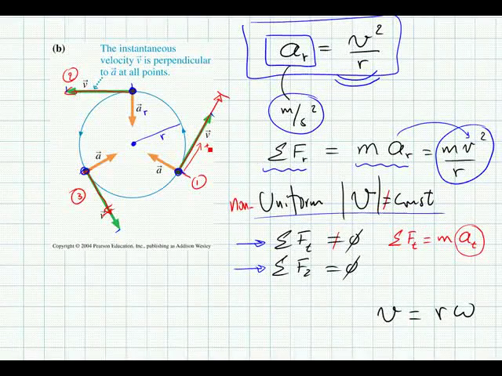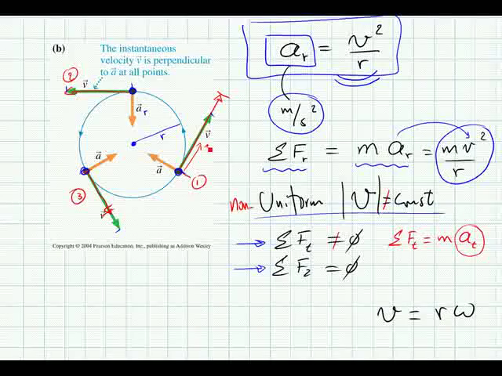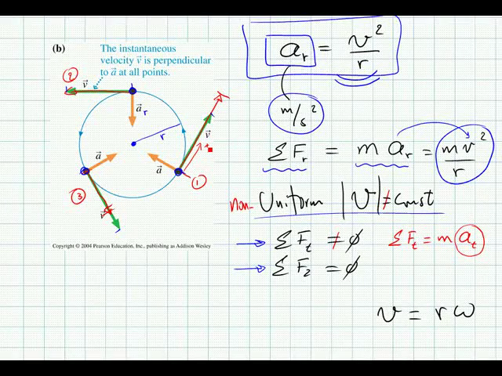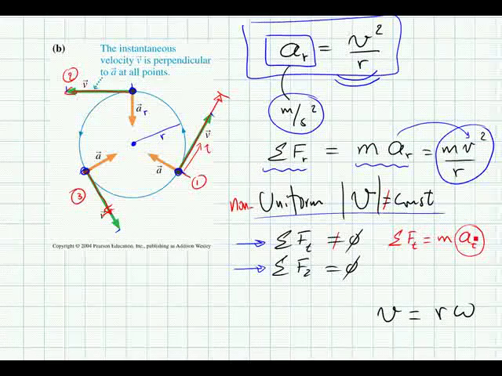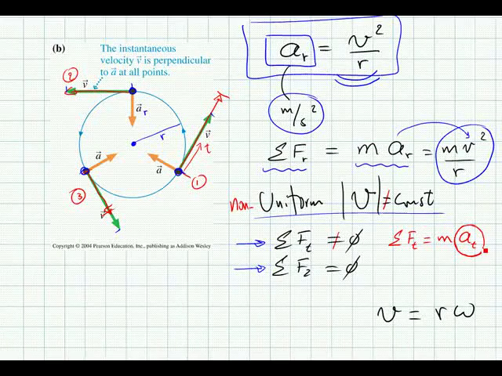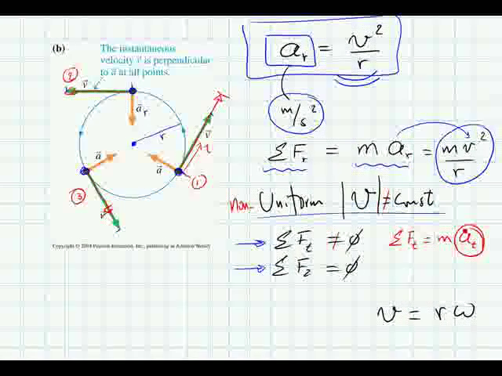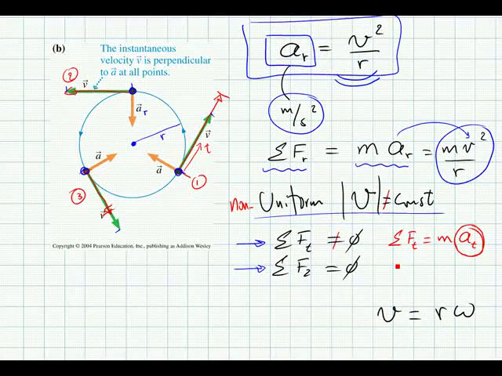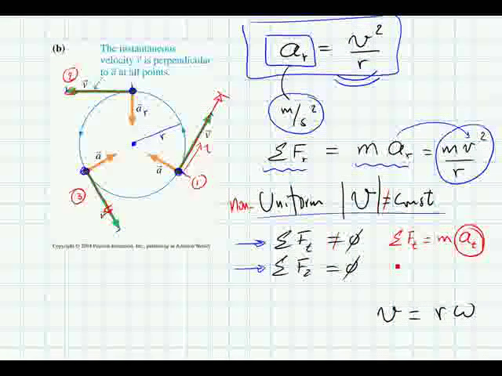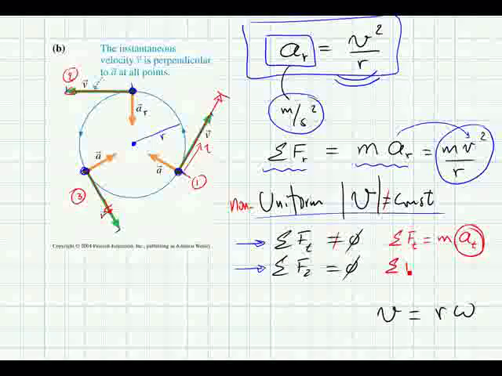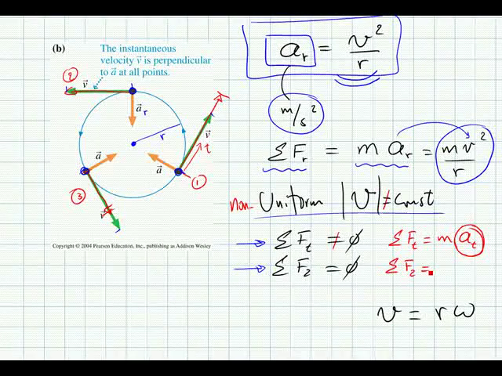So for this velocity magnitude to change, for the speed of the object to change, we require an acceleration in the tangential direction, i.e. a_t is non-zero, which means that the sum of the forces in the tangential direction must not be zero. But whether we are dealing with uniform or non-uniform circular motion, the sum of the forces along the z direction is always zero.